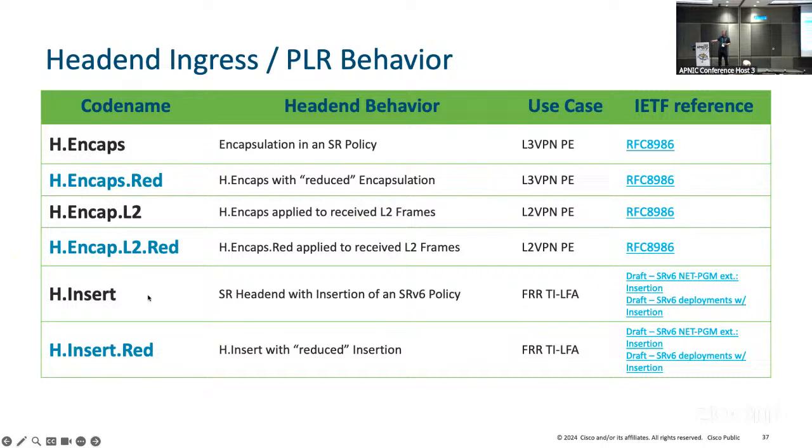So this tells you my BGP will follow this RFC 8986 and do the encapsulation, and I'm going to leverage SRv6. And this is exactly what I have defined, what I populate, and what I encapsulate, right?